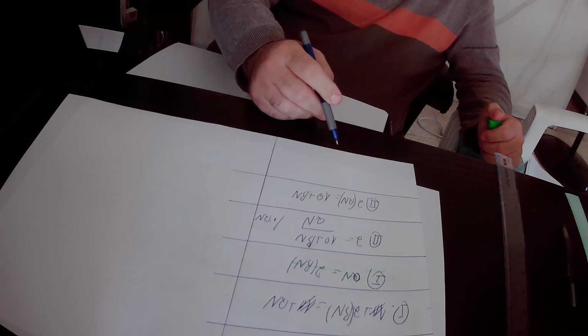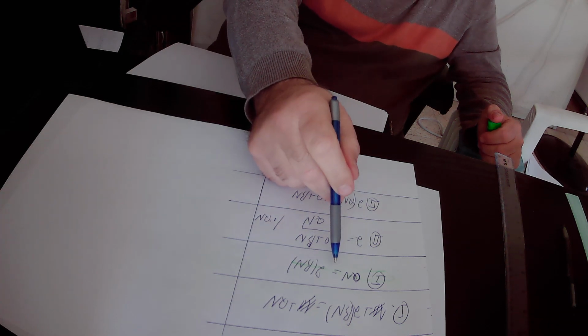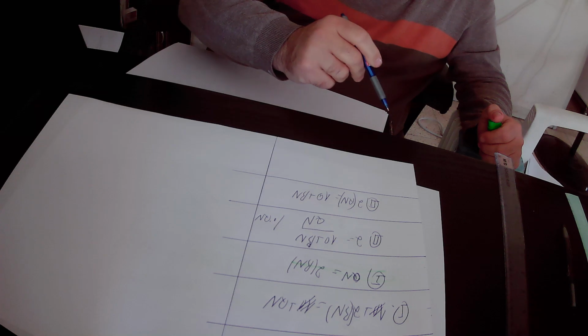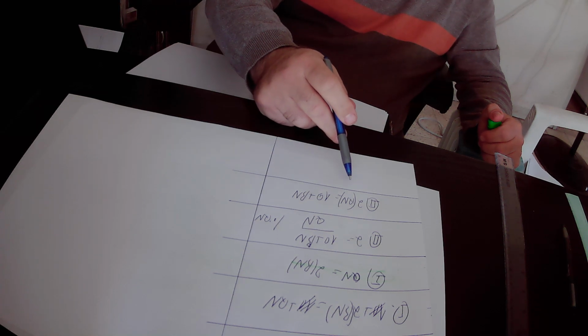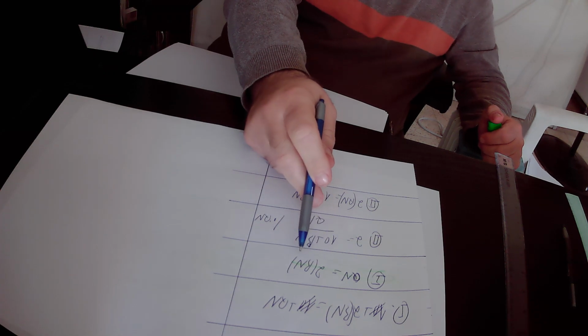But we already found out that according to equation number 1, QN equals 2 times BN. Therefore, we can substitute QN in equation number 2 by 2 times BN.